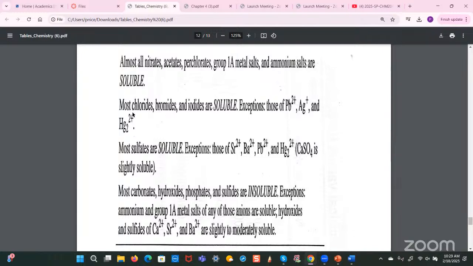Well, that has to do with chloride, bromide, and iodide. It says exceptions of lead, silver. Yeah, but we're talking about silver sulfide. What is more specific is this line right here: most carbonates, hydroxides, phosphates, and sulfides are insoluble. There are certain exceptions, but silver is not one of them, right? So therefore, silver sulfide would be insoluble.